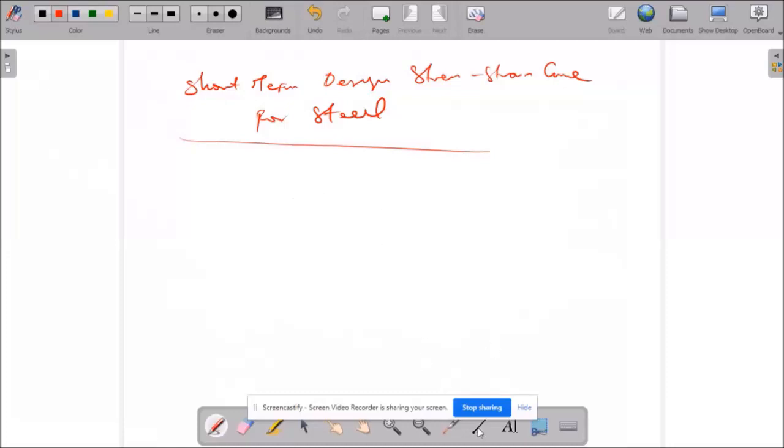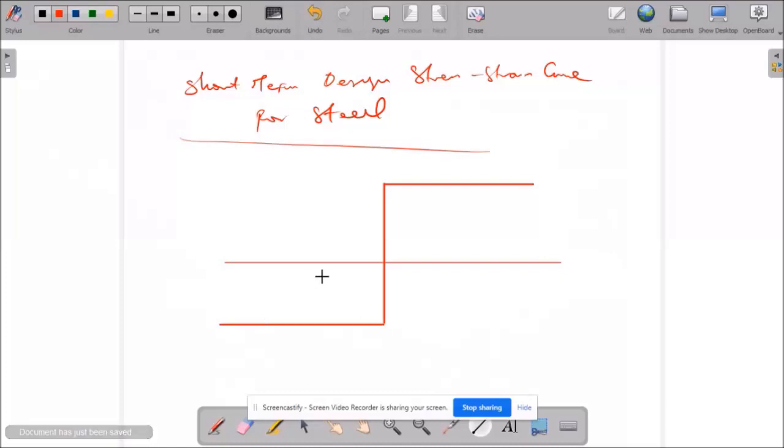For this, let's pick a line so that we'll make it neat. So consider our first line, our neutral axis, something of this nature. Then we go ahead with our diagram. We have something of this nature.